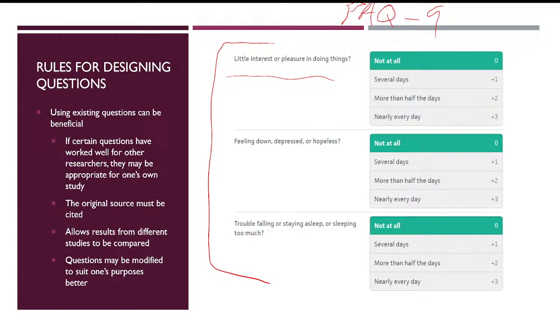This does make operationalization a snap because when it comes to giving your operational definition, you say, I'm going to operationalize the concept of depression by administering the 9 questions from the PAC-9 depression scale, right? And that is a perfectly legitimate operationalization.